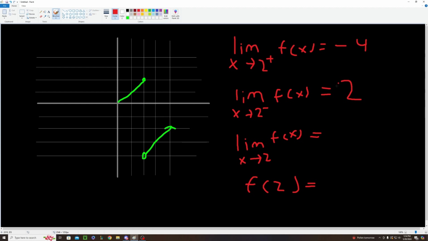Since these two values are different, the limit as x approaches 2 for the whole function does not exist. So DNE, does not exist, but f of 2 is still the value 2, because there's a point here where the value is 2. So that's it for the practice.